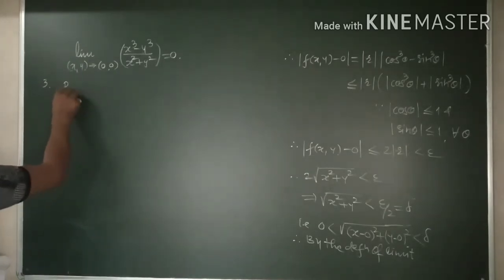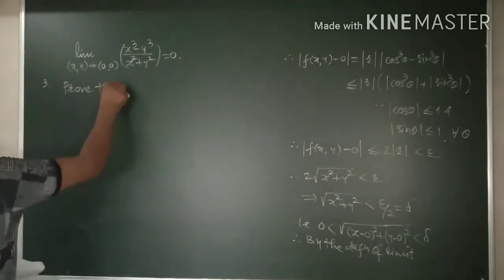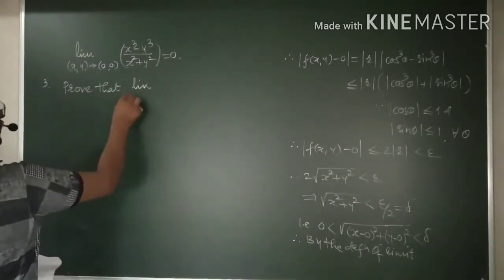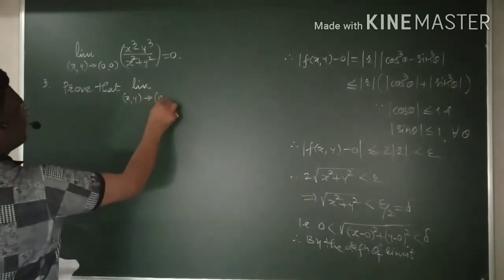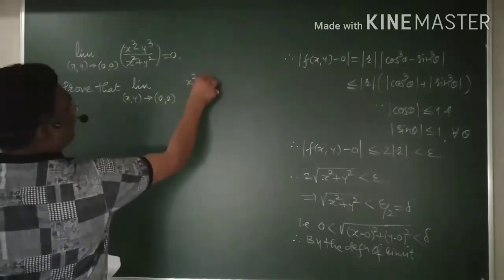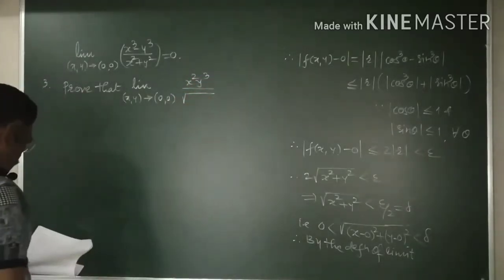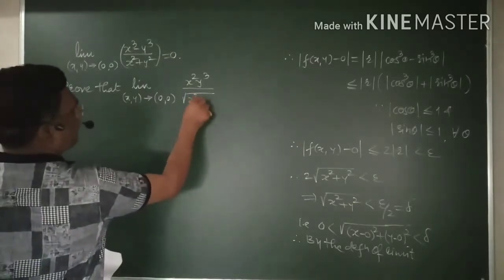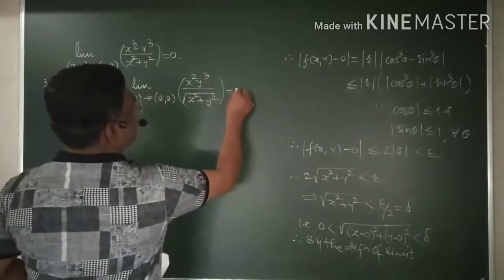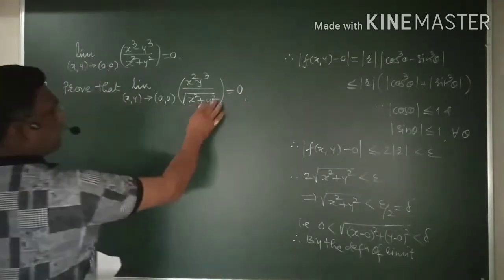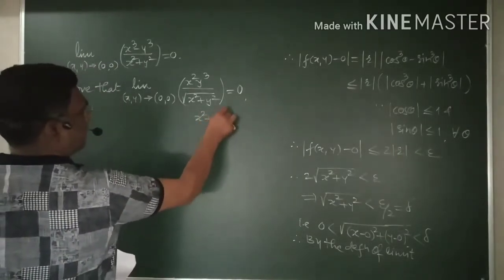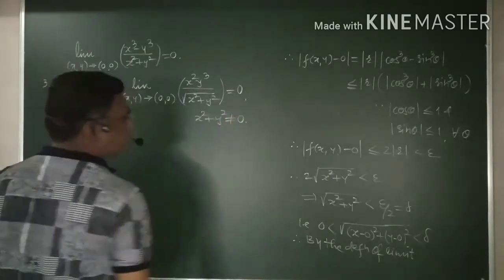Prove that the limit as (x, y) tends to (0, 0) of x square y cube upon root of (x square plus y square) is equal to 0, provided x square plus y square is not equal to 0.